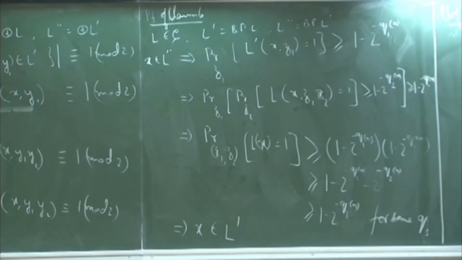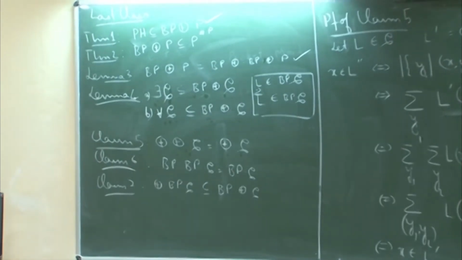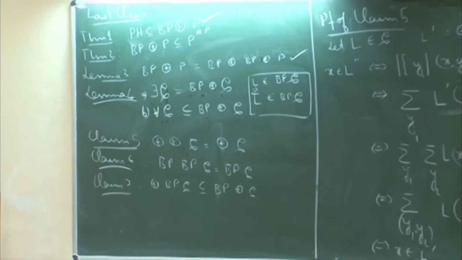Okay, so claim 7 is parity dot BP dot C is contained in BP dot parity dot C. Let me start the proof.